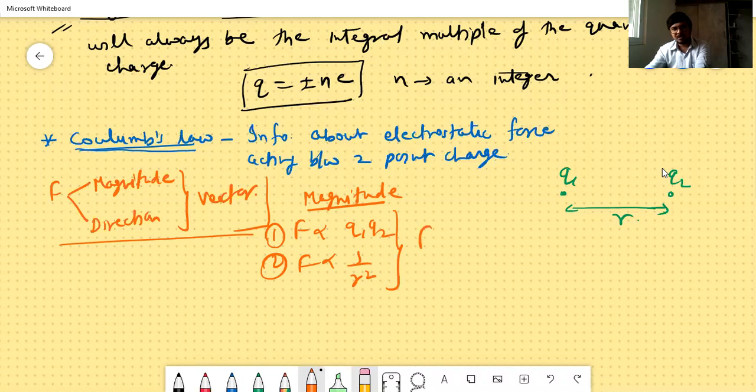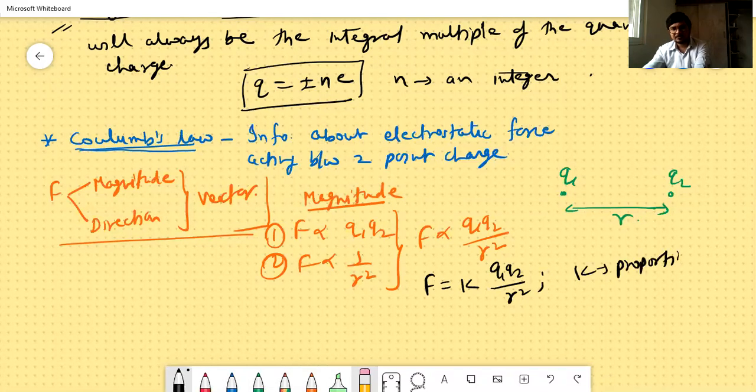If we combine them, we write F is proportional to q1 q2 by r squared. Now to bring an equality sign, we will have to multiply it with a proportionality constant. This k is the proportionality constant.